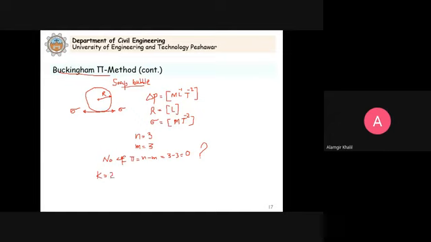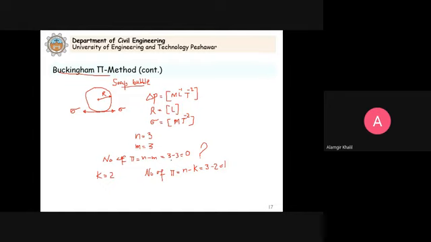So we take k equal to 2 and then try to solve the problem. In this case, the number of pi required to solve this problem will be n minus k, which is 3 minus 2 equal to 1.